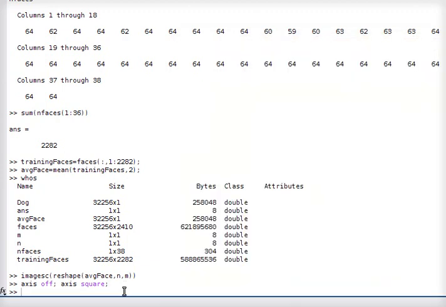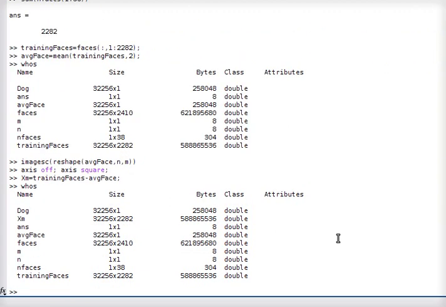Good. All right. So once we get the mean, what do we do with the mean? We mean subtract our data. So I'm going to call that XM just to be consistent. That'll be my training data, training faces, minus the average face. Okay.